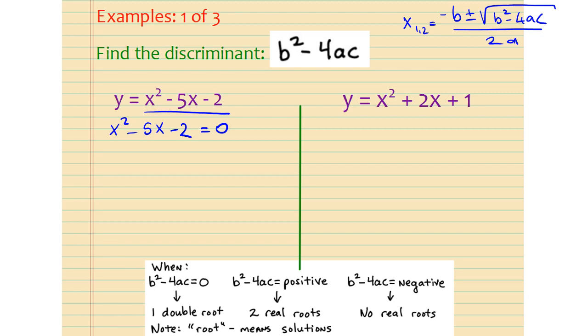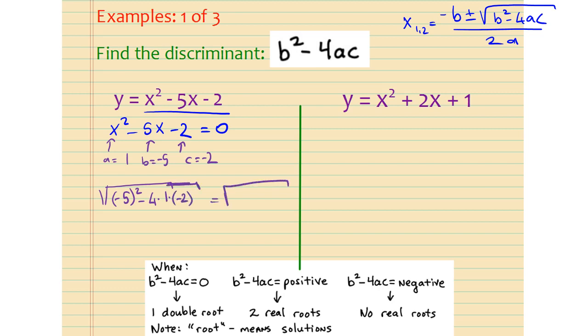Now I can identify my a, b, and c. a is equal to 1, b is equal to negative 5, c is equal to negative 2. I will substitute that into the discriminant, and our discriminant is b squared minus 4ac. I can do negative 5 squared minus 4 times a times c.